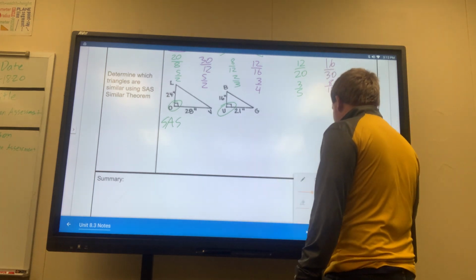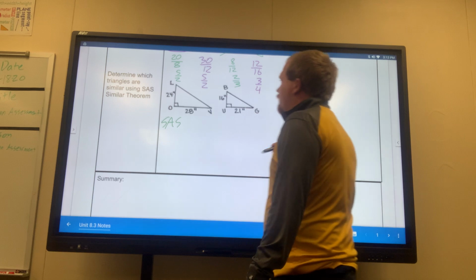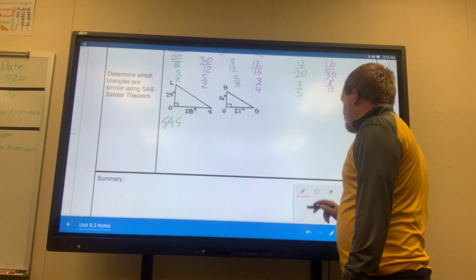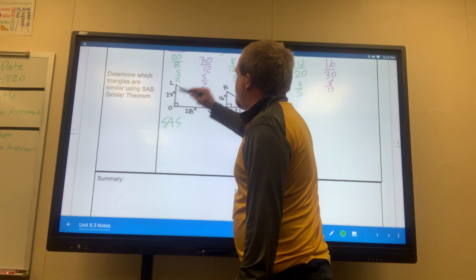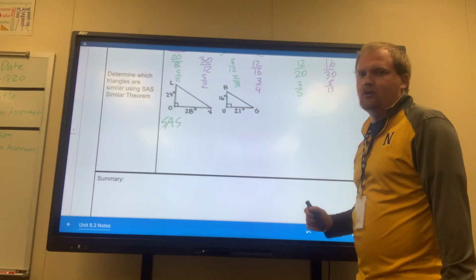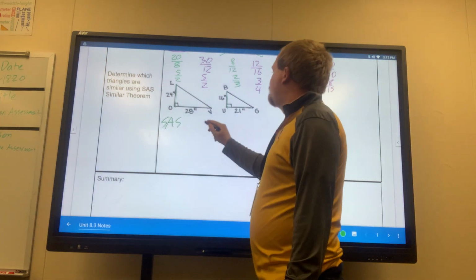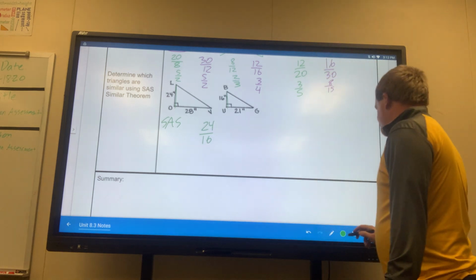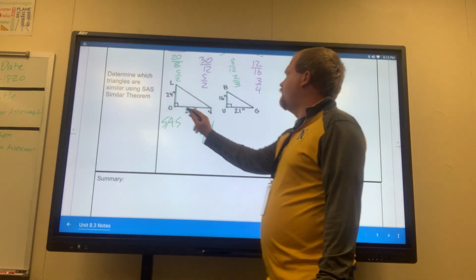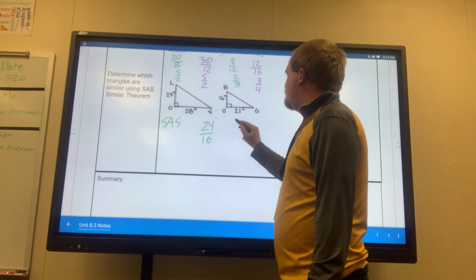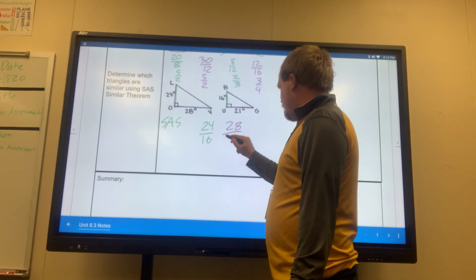But my question is, how are they proportional? Well, I know that LO and BU are corresponding, so I'm going to do 24 over 16. And OV corresponds to UG, 28 over 21.